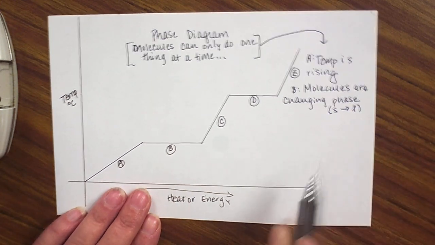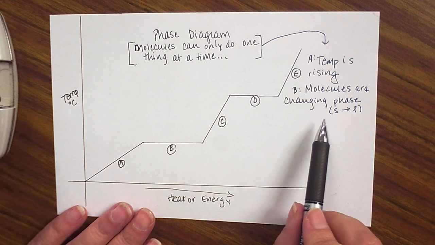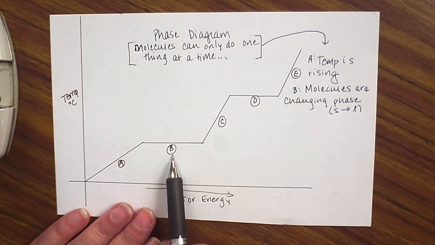The energy that's going into the substance at this point is no longer changing the kinetic energy. Now it's being used to break those intermolecular bonds. And so, as it's breaking those intermolecular bonds, the molecules are moving to the next phase of matter. So in this case, it would be from solid to liquid here, all right?